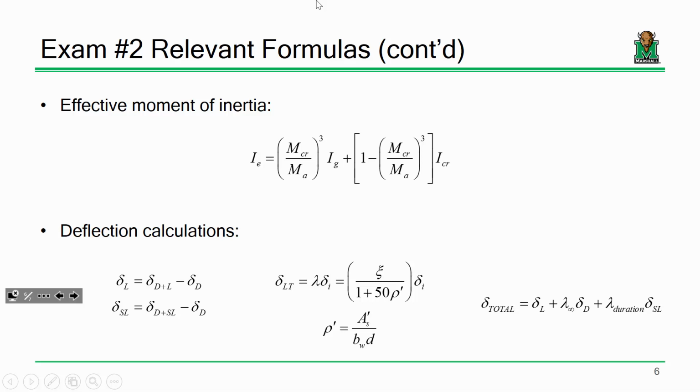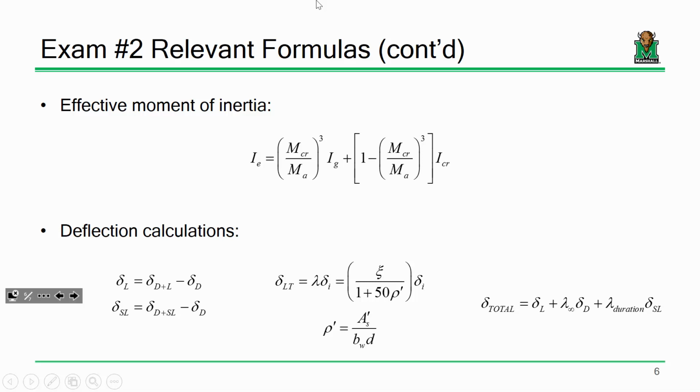So no analysis or design in flexure of T-beams or doubly reinforced beams. I can put a T-beam on there. I can put a doubly reinforced beam on there, but I'm not going to ask you to determine phi Mn or design for moments. I'm not doing that. Regardless if I put a T-beam or a doubly reinforced beam, the target of this exam is shears and deflections.